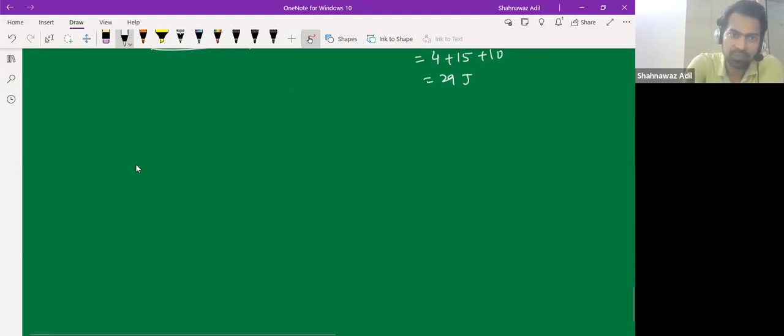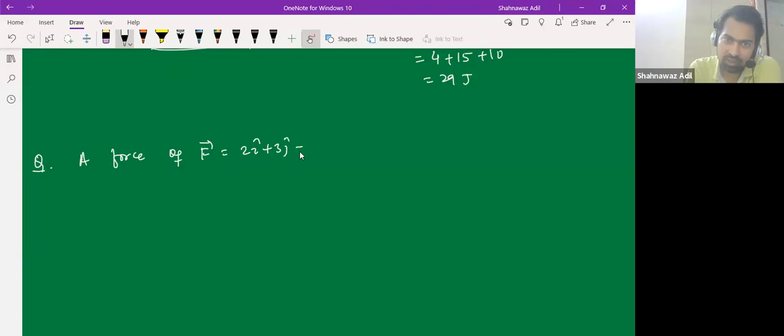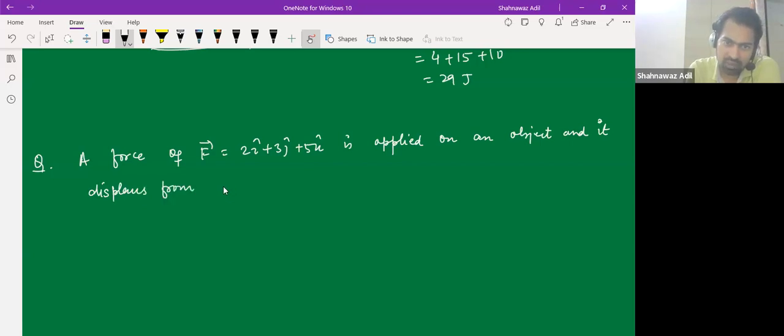So the question would be that a force of, let's say, 2i plus 3j plus 5k is applied on an object and it displaces from, let's say, A, which is 2, 1, 3 to B, which is 5, 3, 4.